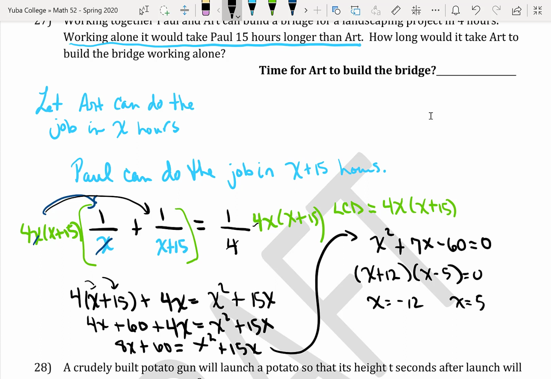And Paul can do that job 15 hours longer than Art, so this would equal 20 hours. So for Art to do that landscaping job, it's going to take him 5 hours to do it alone.